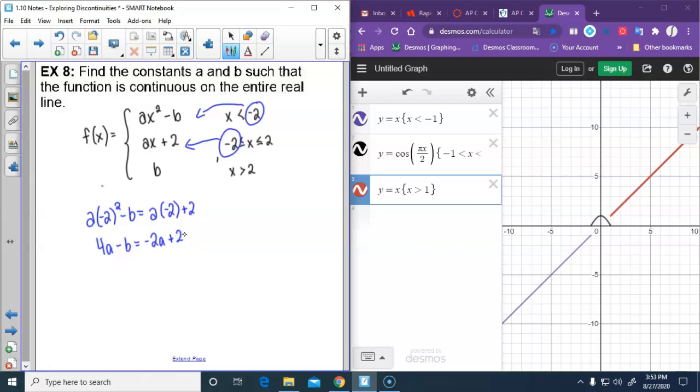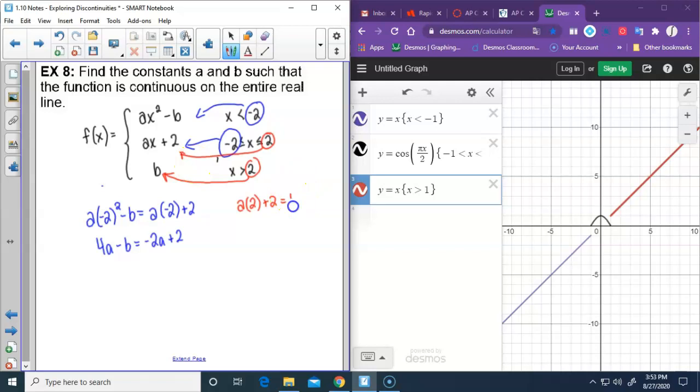The problem here is I cannot solve this whenever I've got an a and a b in the problem. So I'm going to hold off there for a second. The other thing that I need to do is take this 2 right here and plug it in. If I plug the 2 into that middle equation, a times 2 plus 2 has to equal, there's no 2 to plug in here because we're replacing x with 2.